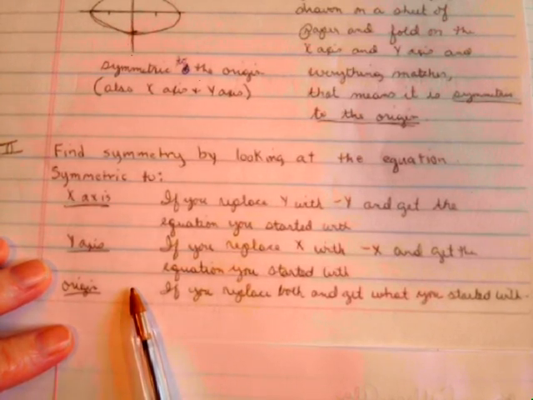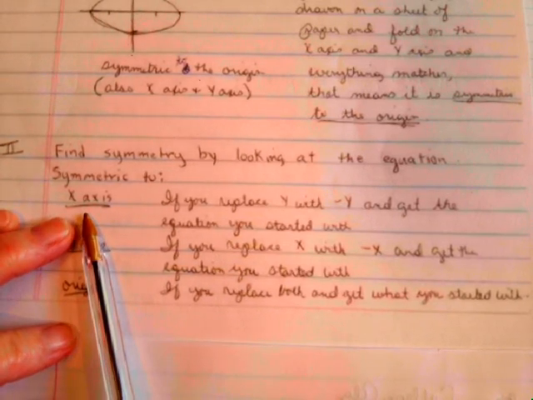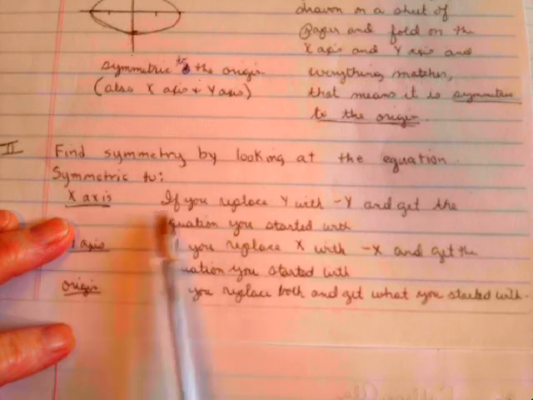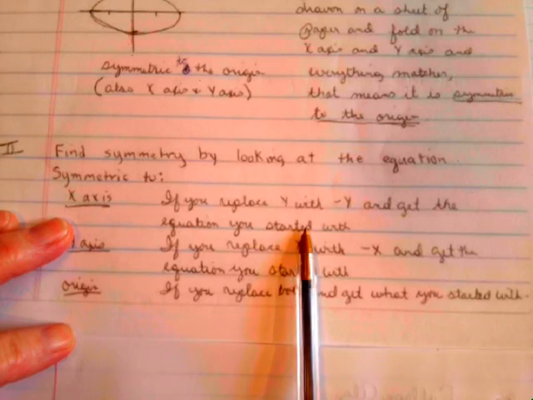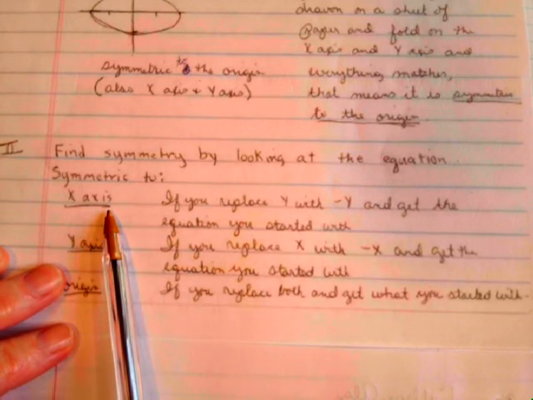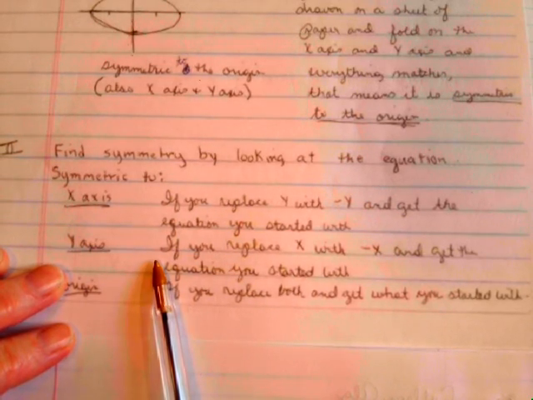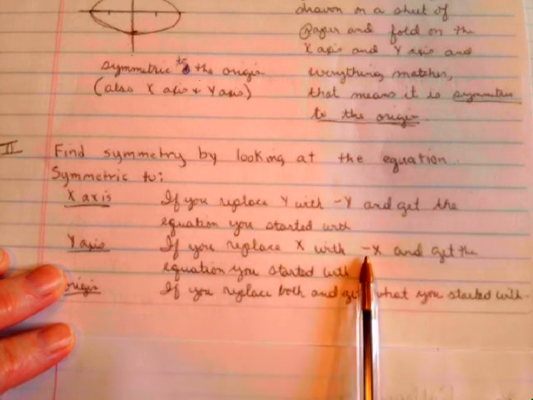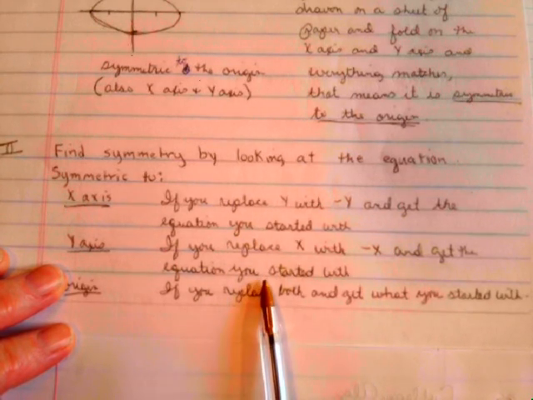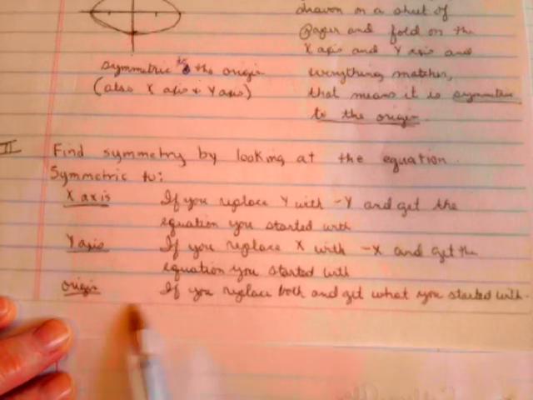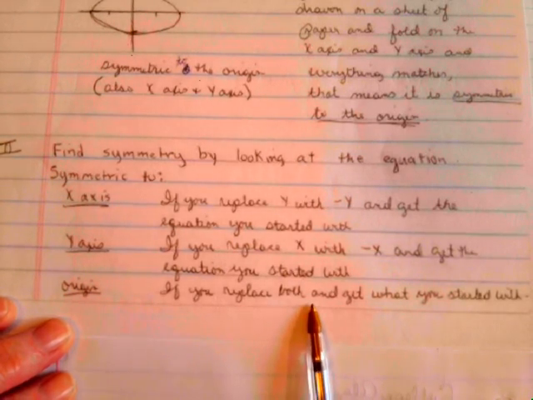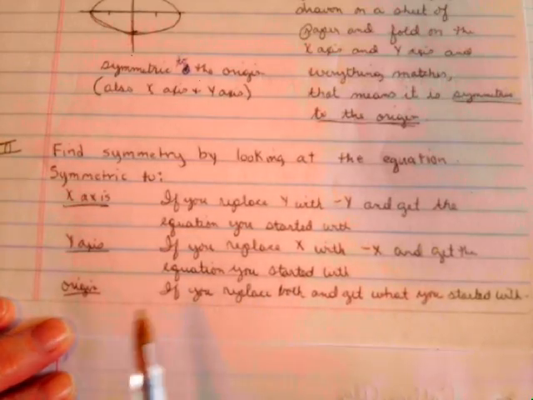If you want to find if it's symmetric to x, replace y with negative y, and if you get the equation you started with, it is symmetric to x. Likewise for y, replace x with negative x. If you get the equation you started with, symmetric to y. If you replace both x with negative x and y with negative y and get what you started with, it would be symmetric to the origin.